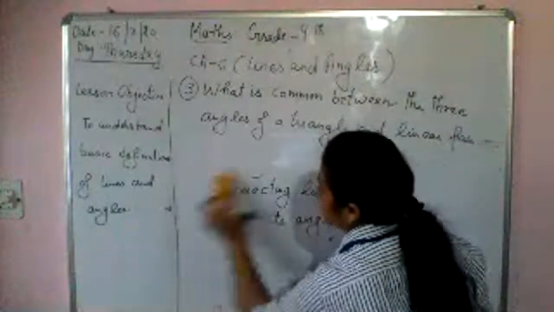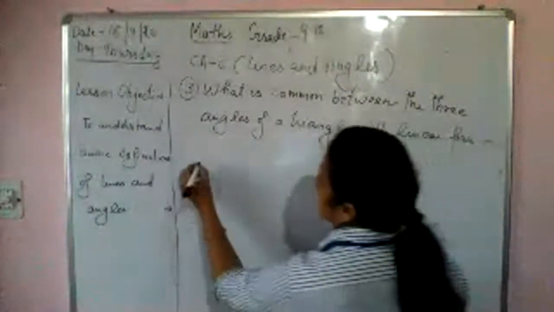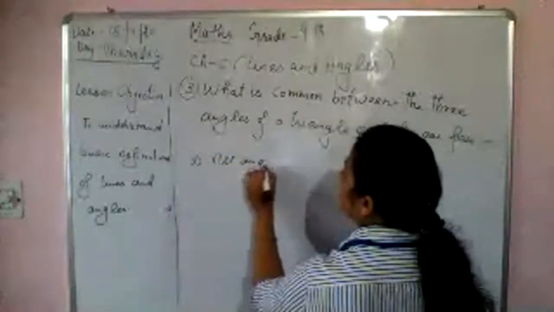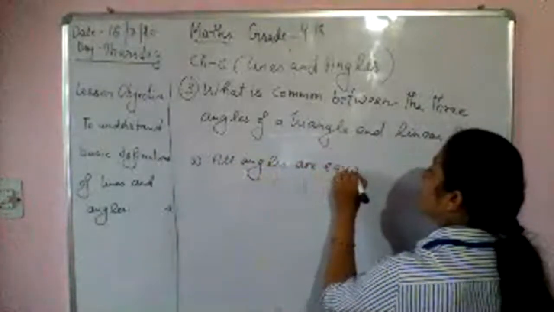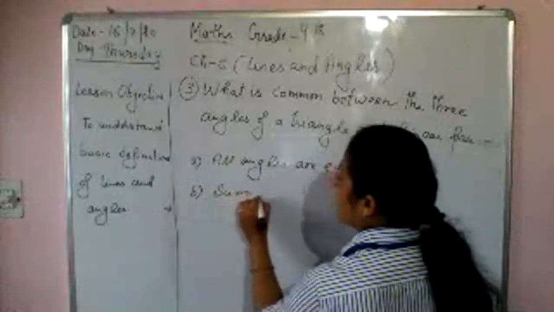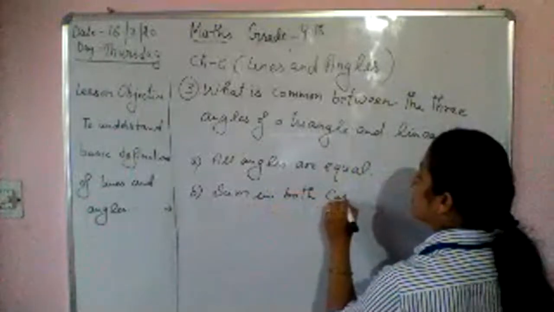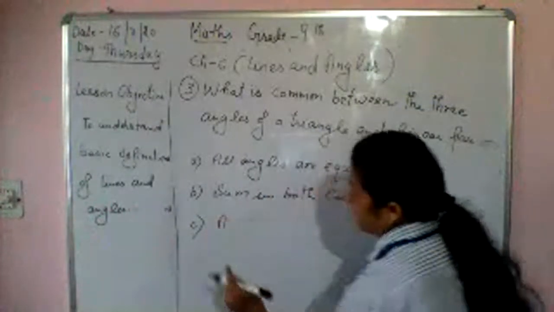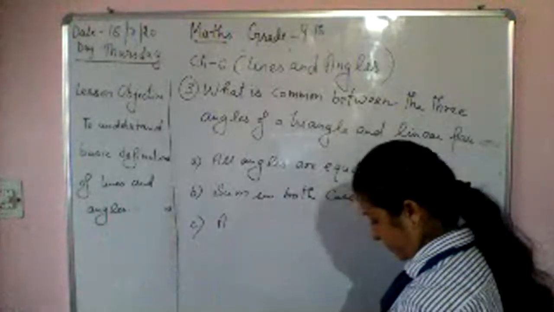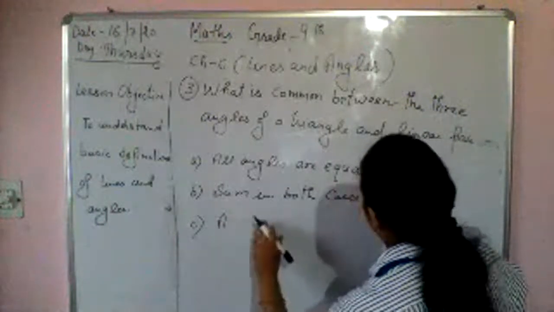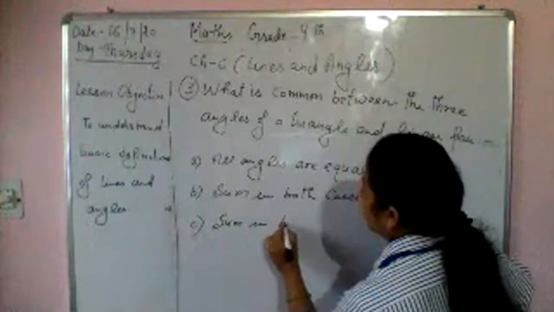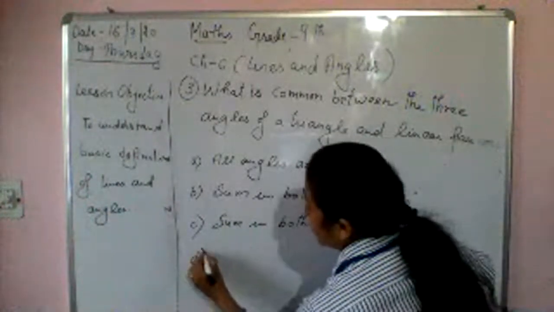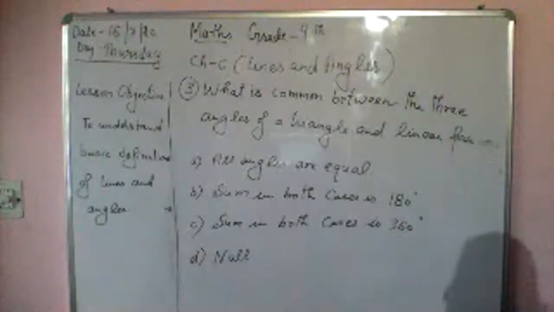So your options are: all angles are equal; sum in both cases is 180-degree; next, sum in both cases is 360-degree; and the D part you can write null. Note down your third question.